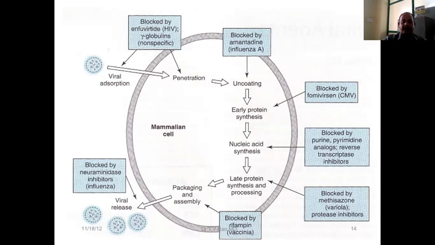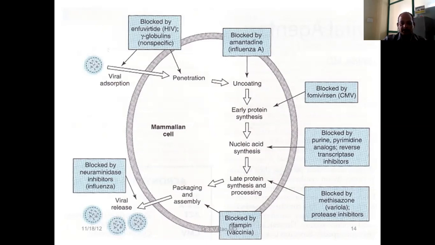Uncoating of influenza A virus is blocked by amantadine. Early protein synthesis of cytomegalovirus is blocked by fomivirsen. Nucleic acid synthesis can be blocked by pyrimidine analogs and reverse transcriptase inhibitors.